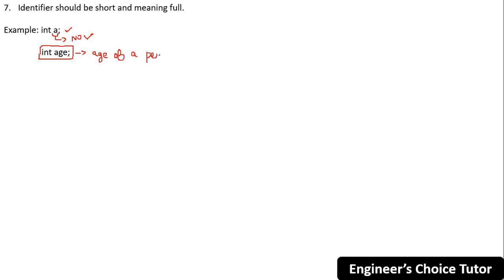But what is this A, and what is this B and C? Don't use this type of thing in real applications. Always use short and meaningful names. That is recommended. I'm not saying it is invalid, but it is not a good practice.